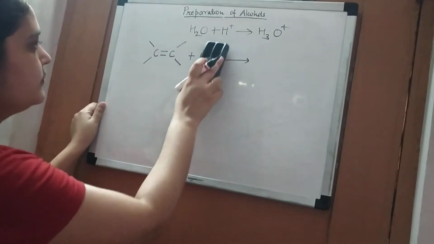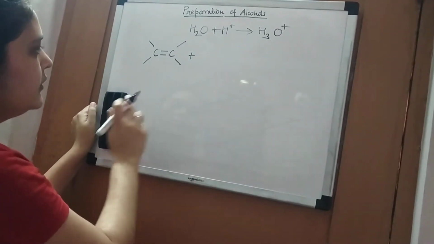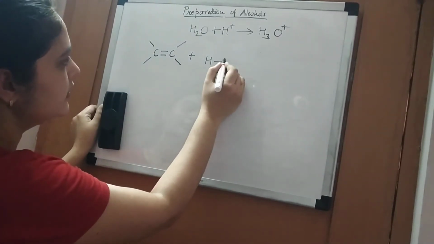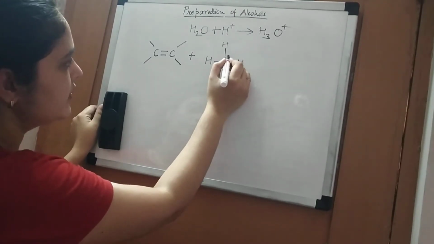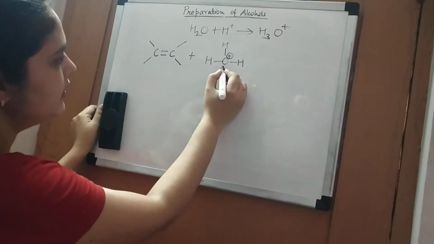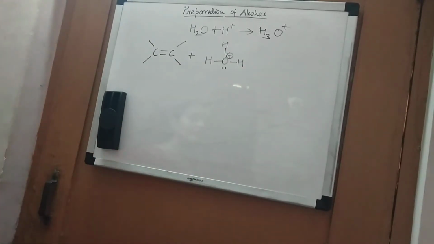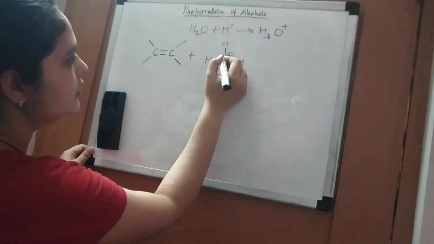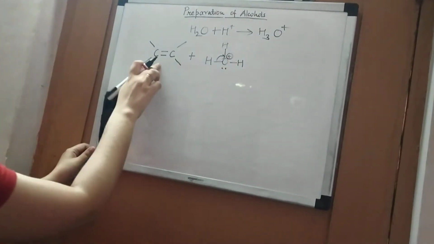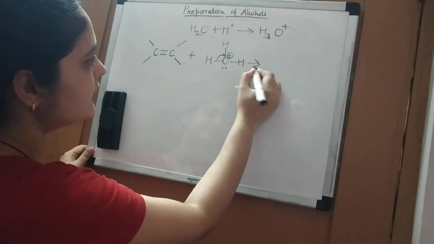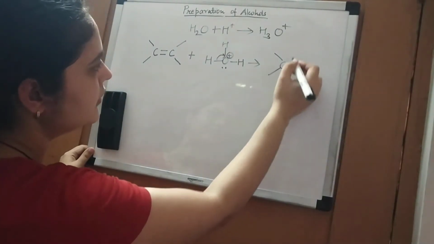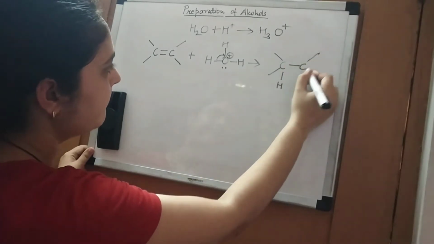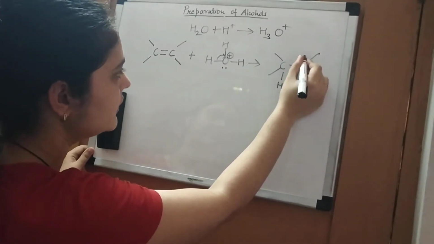How does it attack? We can write it like this. Here the positive sign comes on the oxygen, with two lone pairs. Now what will happen? This H plus will go here and you will get this.